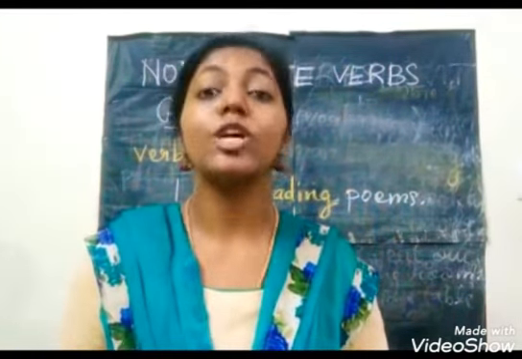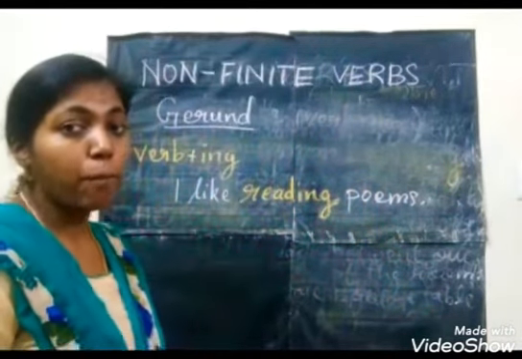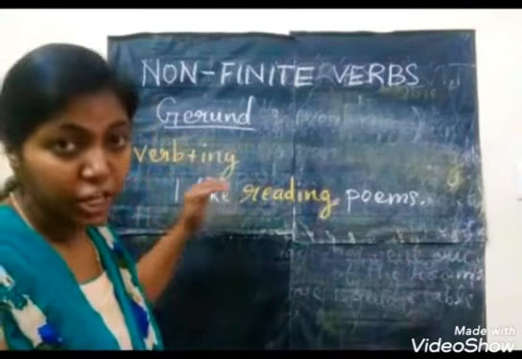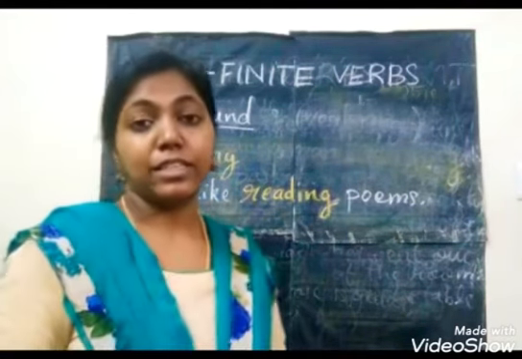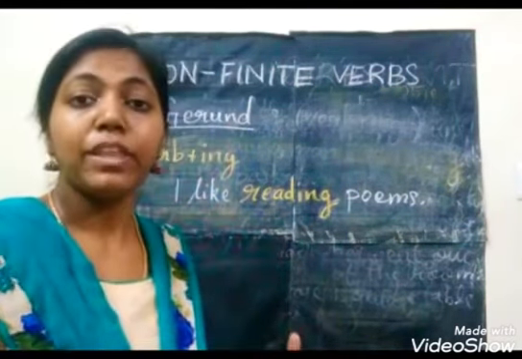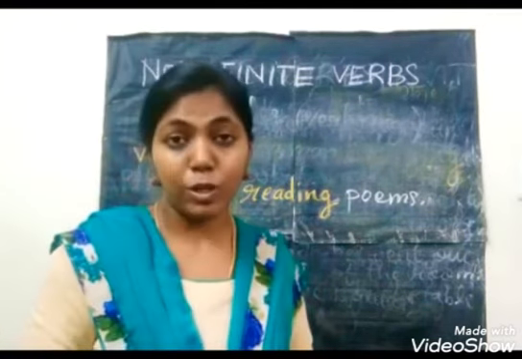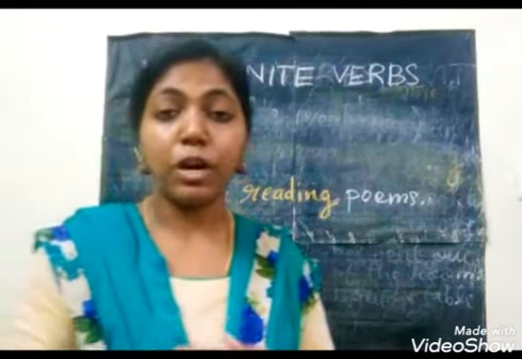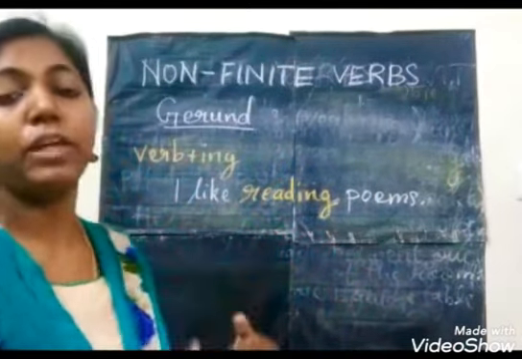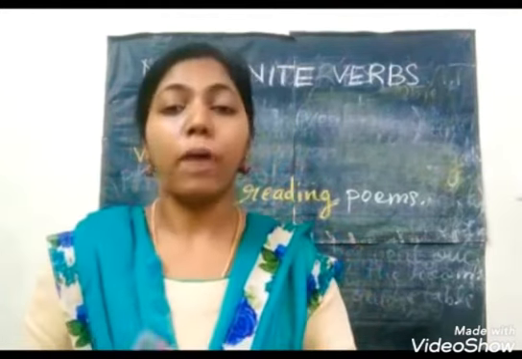Now let's discuss the second kind of non-finite verbs, that is gerund. Yes, gerund also takes the form of verb plus ing. Yes, we are using the same form in present participle also, isn't it? So you all might be asking how to identify whether a verb is a gerund or a participle.